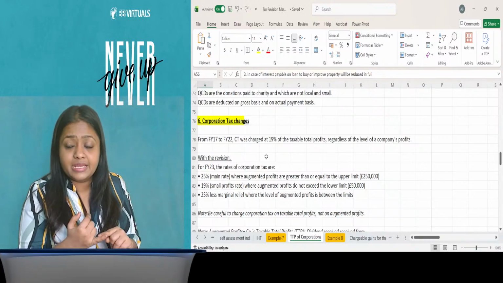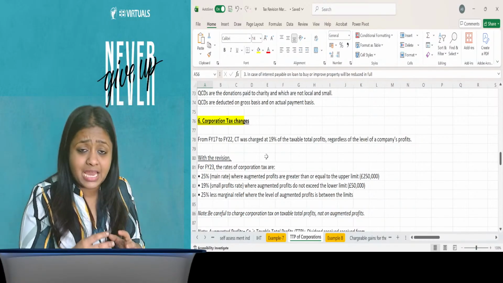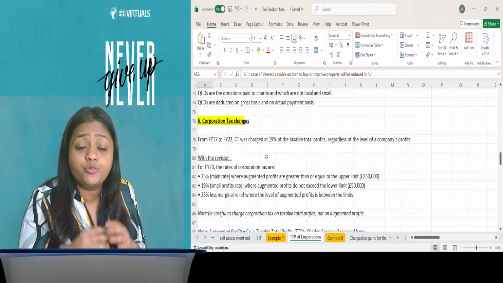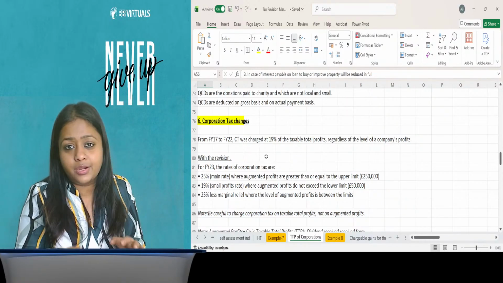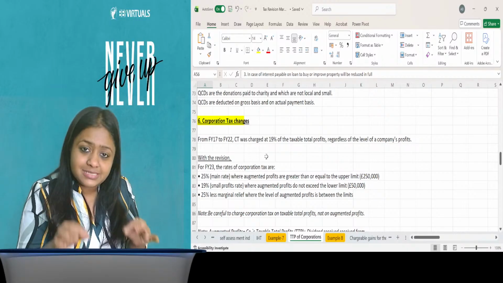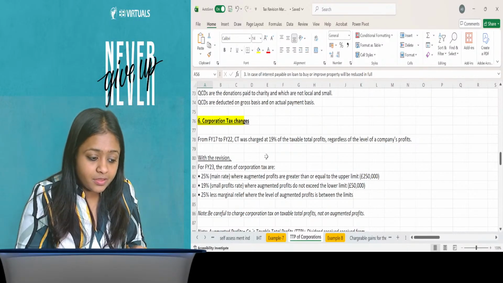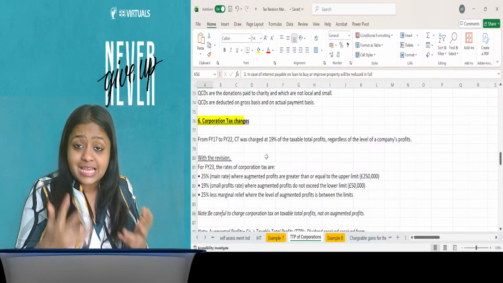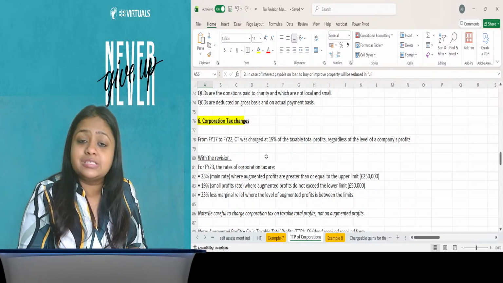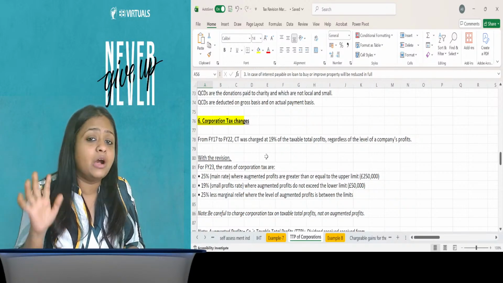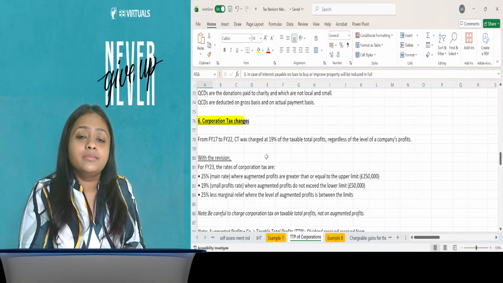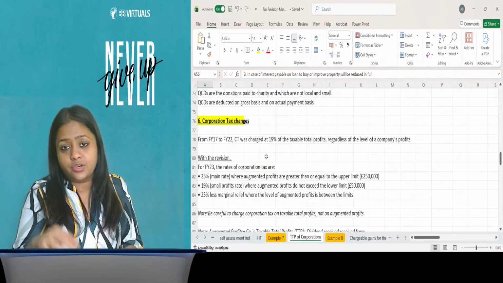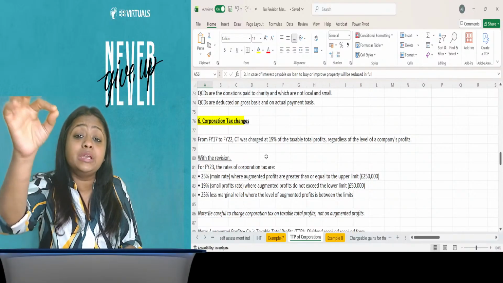Main rate is the tax rate which is applicable if your augmented profits are more than 250,000. The main rate is taxation at the rate of 25%, wherein corporation tax will be calculated at the rate of 25% on the TTP.